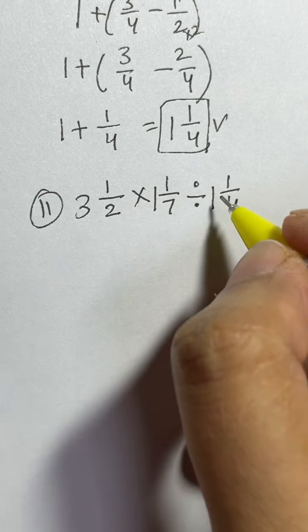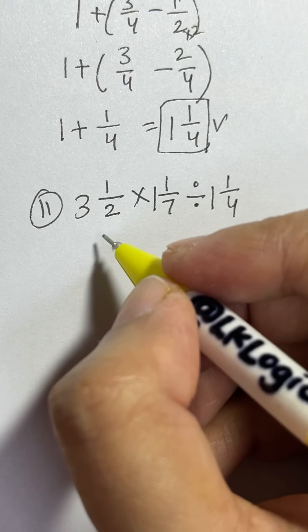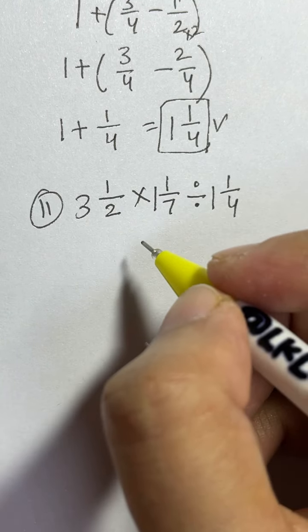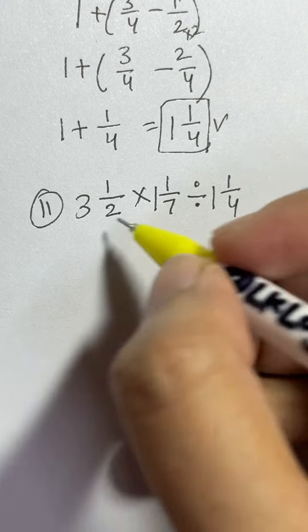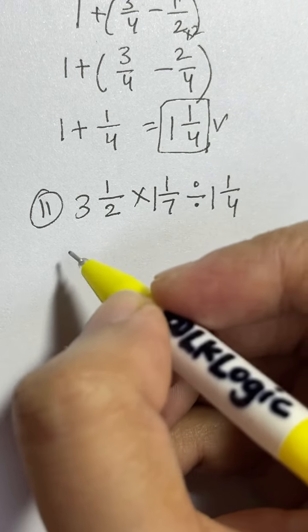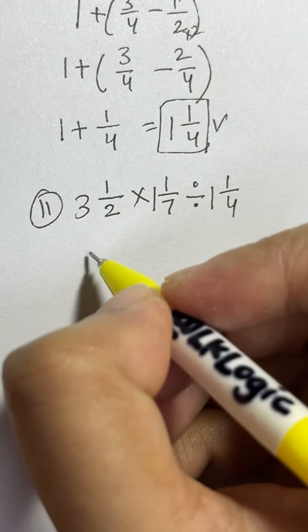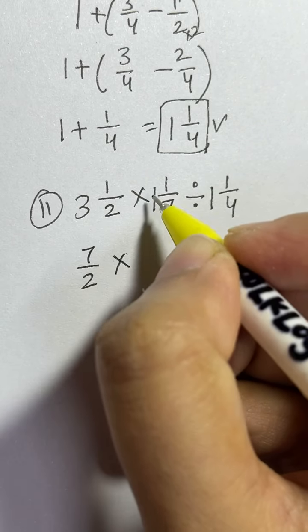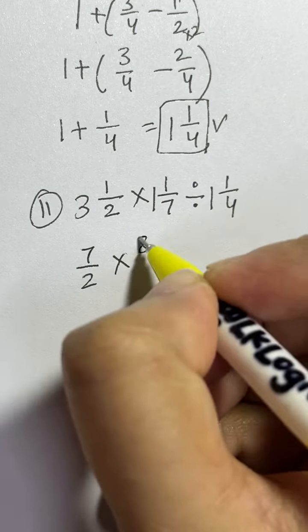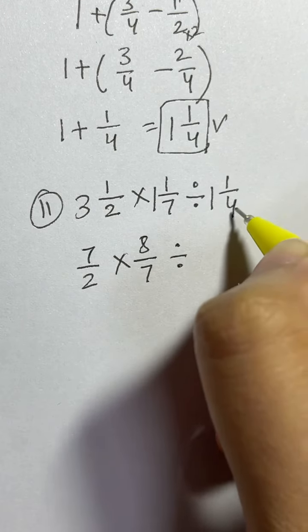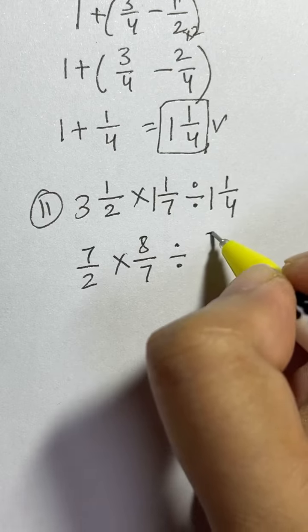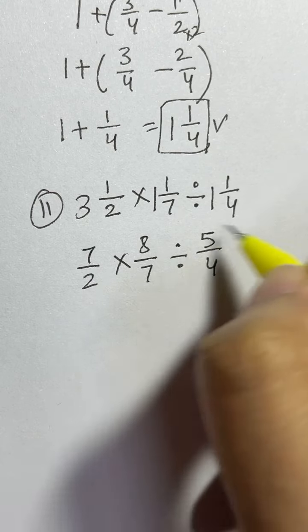You first use the parentheses, exponents, or BODMAS or BIDMAS, you might have studied any of them. So let's convert the mixed fractions to improper fractions first. 3 times 2 is 6 plus 1, 7 over 2. 7 times 1 is 7, plus 1, 8 over 7. 4 times 1 is 4, plus 1 is 5 over 4. So you've converted all of them.